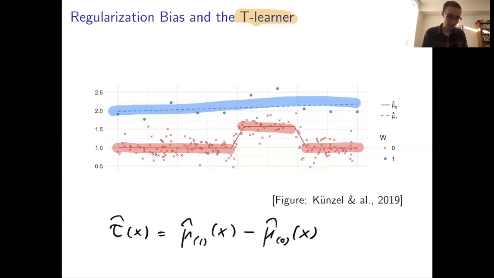And we've done a great job fitting both mu hat 1 of x and mu hat 0 of x in this picture. But now we take their difference, and what do we get? Their difference, tau hat of x, well, here it's big, it's big, it's big. You have a big treatment effect.